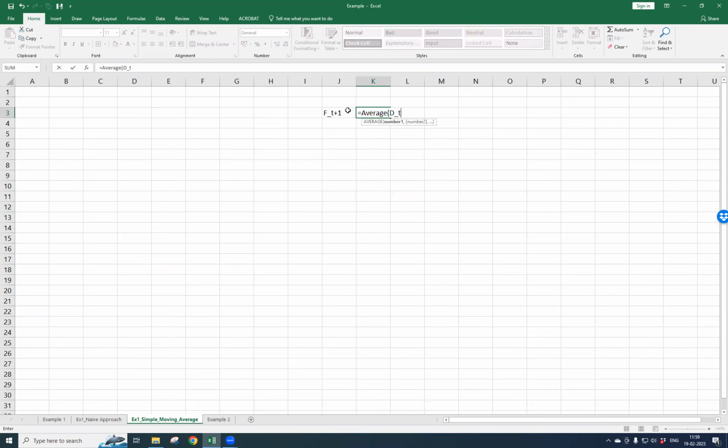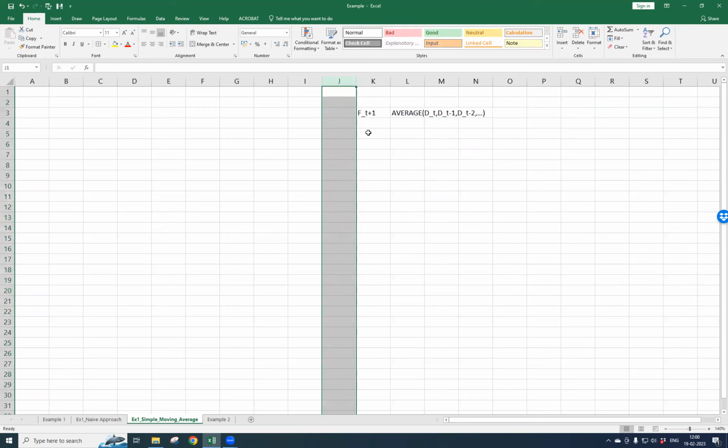Now, over here, we don't have any requirement that we only have to use the previous few values, or previous 2 values, previous 3 values. This is also going to be more like a trial and error method, right?